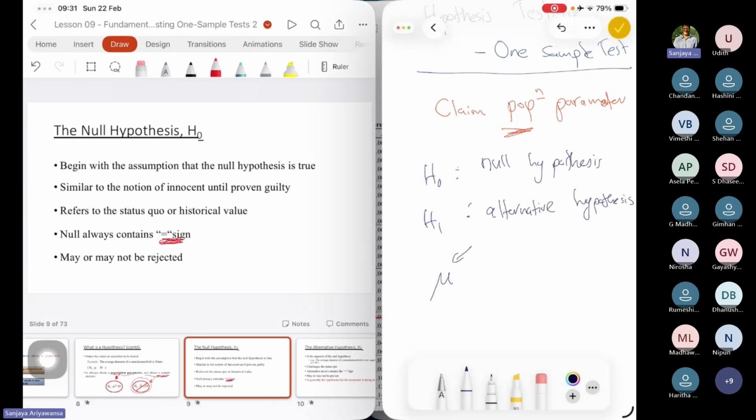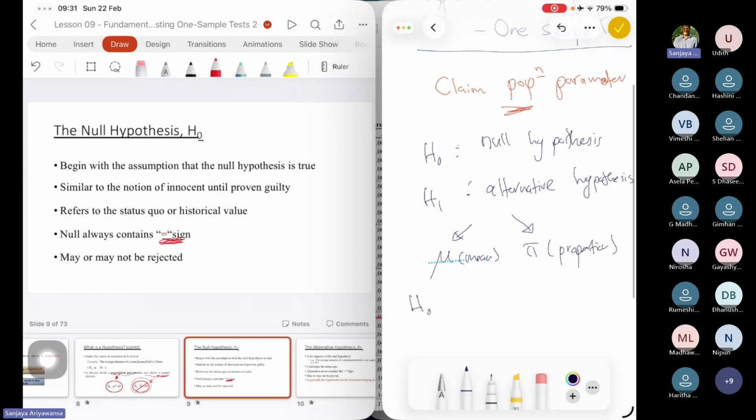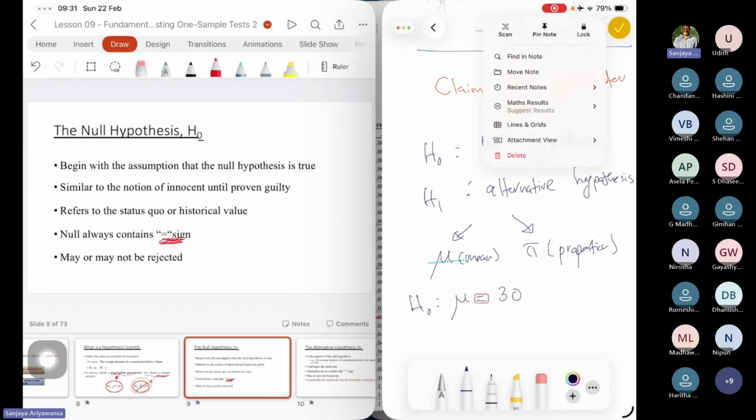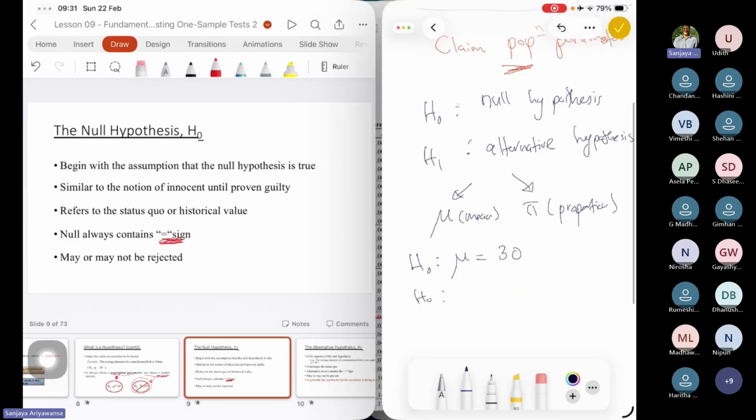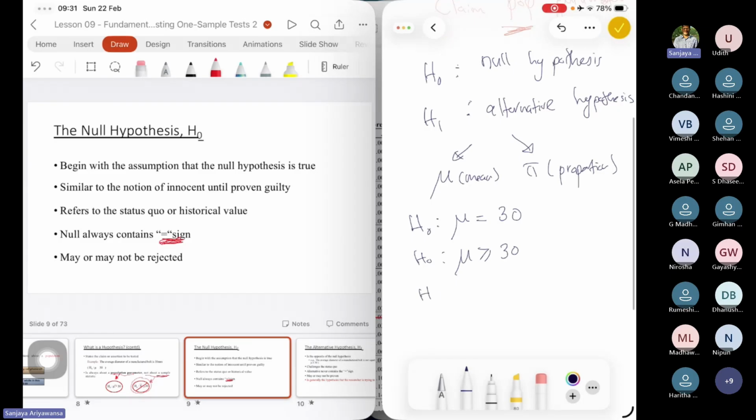We are looking at the mean, which is mu, and proportion, the symbol I use is pi. So for H naught, the null hypothesis, we will always say mu is either equal to some number, or mu is greater than or equal to some number, or mu is less than or equal to some number.